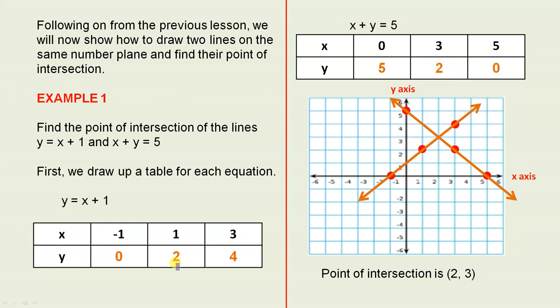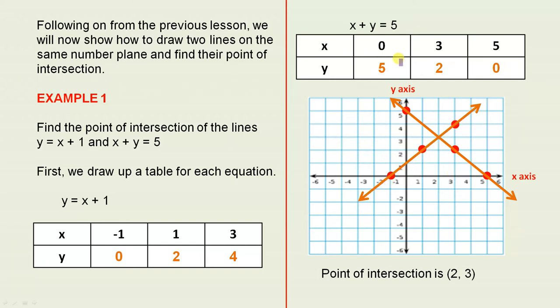So now we can extract the ordered pairs or the coordinates for this line here. 3 coordinates: -1, 0, 1, 2, and 3, 4. So that's that line there.